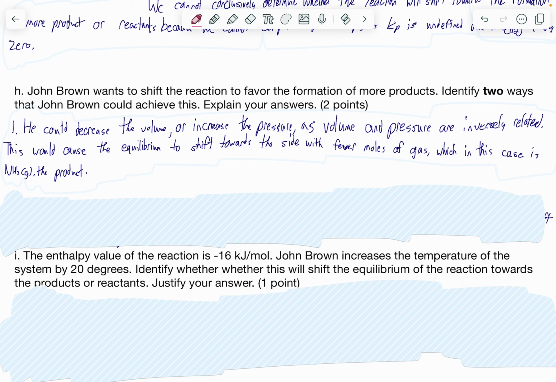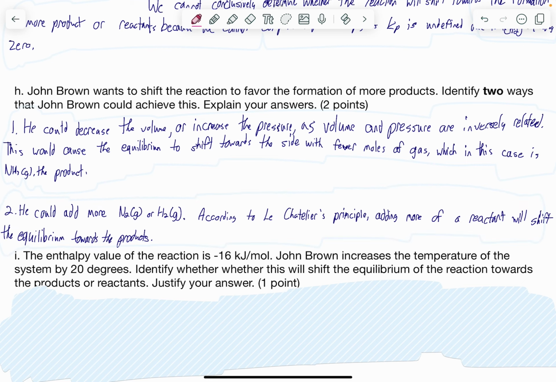So increasing the pressure, decreasing the volume, would increase products. And then the other thing would be just adding more nitrogen gas or hydrogen gas, more so the nitrogen, because again, hydrogen gas has no partial pressure at equilibrium.